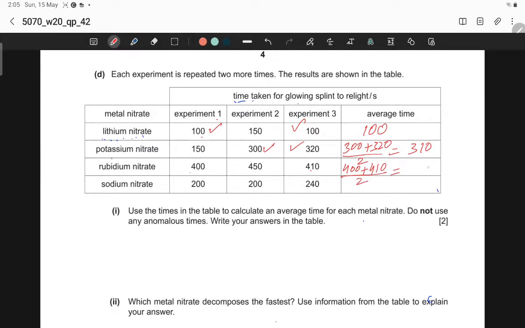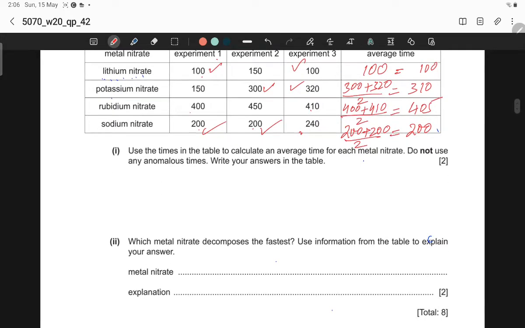Divided by 2, that is 405. Similarly, for the other, 200 is the same amount, so we use these two readings divided by 2, which is equal to 200.